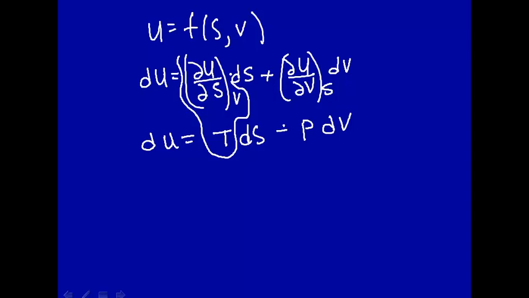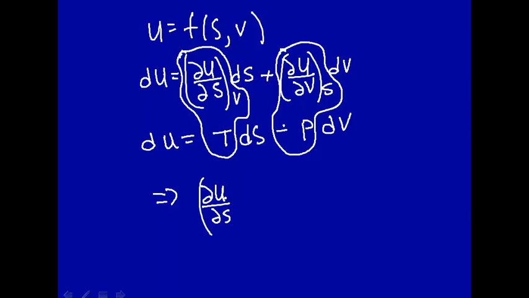So let's look at these two equations. Comparing the two equations, this implies that how U changes with S at constant volume is equal to temperature, and how U changes with volume at constant entropy is minus P. Now, that's something you wouldn't expect to find out normally, but if you think about it, remember in the very first lecture we talked about pairs of variables, and S was paired with T and V was paired with P. So in a sense, how internal energy changes with entropy at constant volume would be related to temperature.